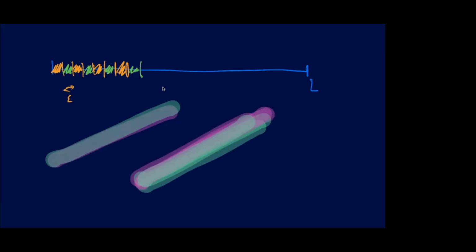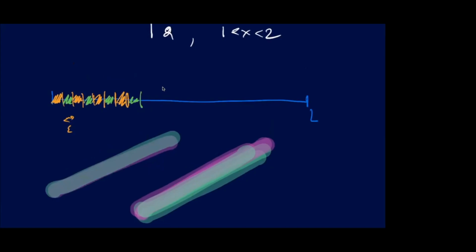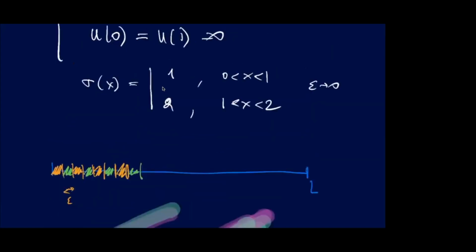Okay, very good. So what does it mean mathematically? This is the role of epsilon: to make this pattern of mixing more and more frequent. And then the question is, if I mix orange and green more and more frequently, what are you going to see from a macroscopic perspective?